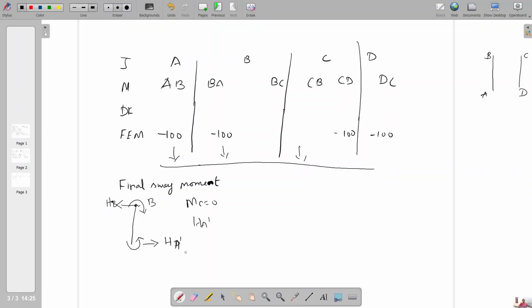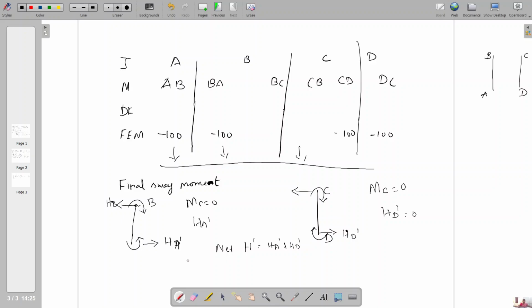Similarly, for the member C and D, you mark the moment values. I am just drawing an approximate assumed value, and you make the direction HD dash. Take moment about C equal to 0 and find the value of HD dash, and find the net horizontal force, that is H dash equal to HA dash plus HD dash.